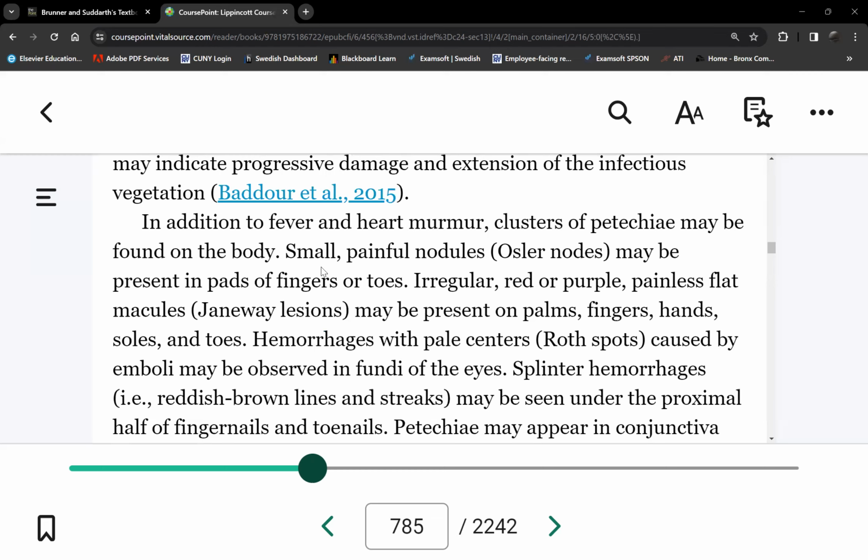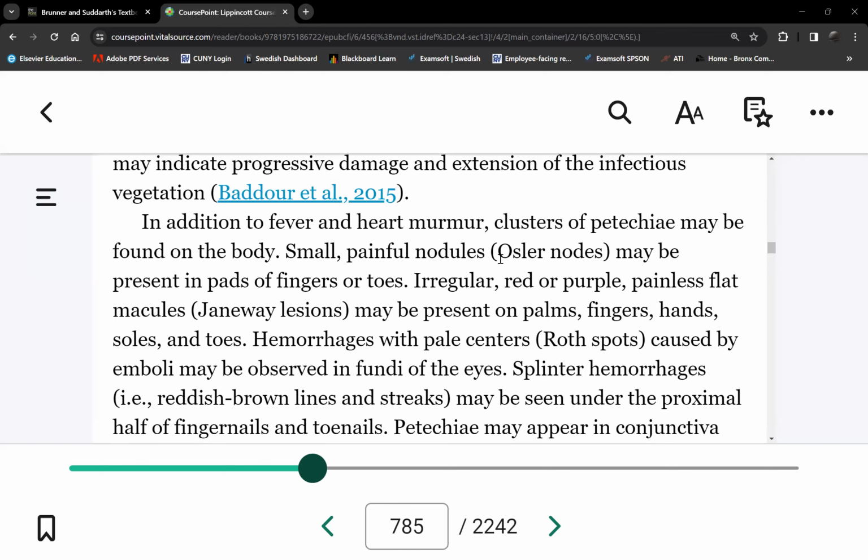Then on top of that, you'll see small painful nodules, Osler's nodes, in your fingers. Now, the conditions mentioned here are Osler's nodes, Janeway lesions, and Roth spots. Roth spots are in the eyes. Janeway lesions are macules in the palms and fingers. Same location as the Osler's nodes, but the Janeway lesions are painless.